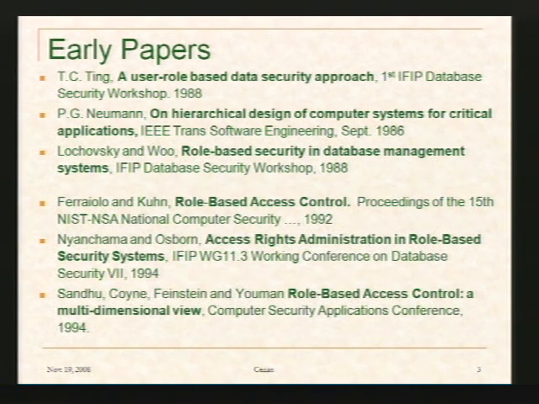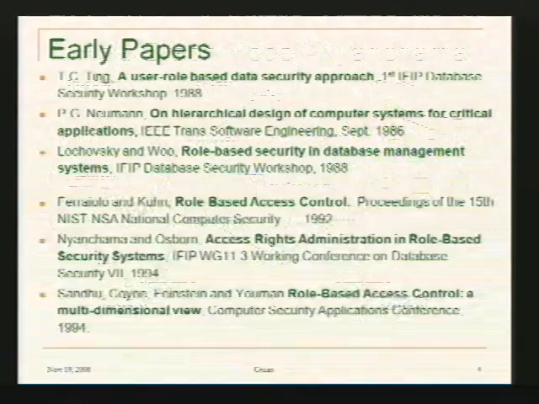And then if you move into the early 90s, we see some early papers by Ferraiolo and Kuhn from NIST, my PhD student, Matunda Nyanchama, and I, and Ravi Sandhu and some of his colleagues. And these are the real important introductions to RBAC, which have carried on. The earlier papers, the ideas sort of got overlooked.